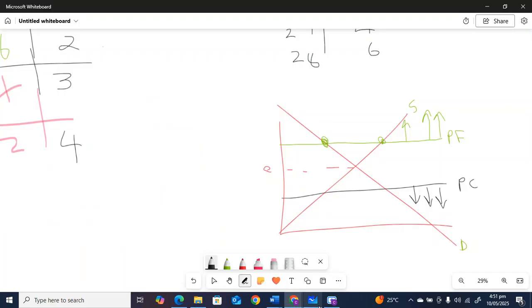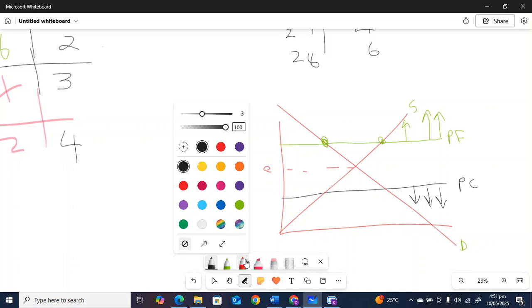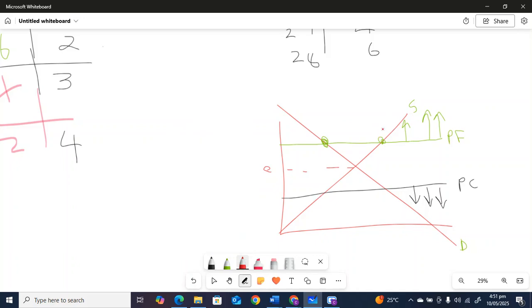A surplus, yes. Okay, you're going to have a surplus because quantity supplied, QS here, where the price floor cuts the supply function, is going to be greater than quantity demanded, where the price floor cuts the demand function. So a price floor is the legal minimum amount. Then a price ceiling, legal maximum amount.